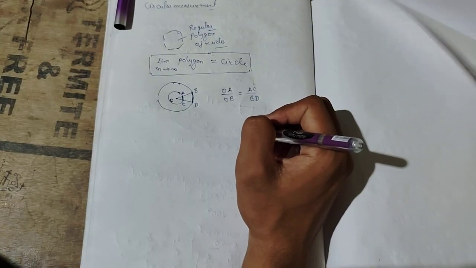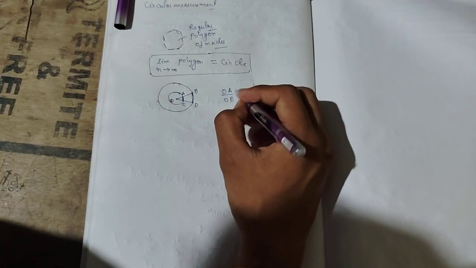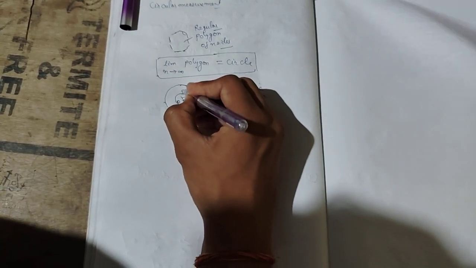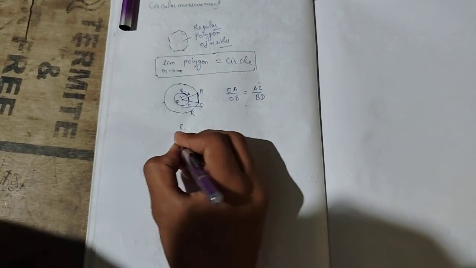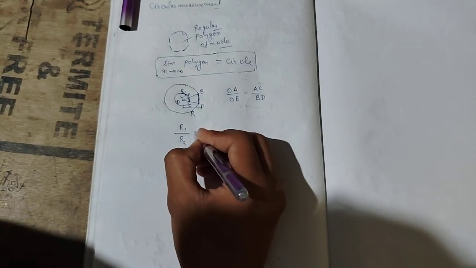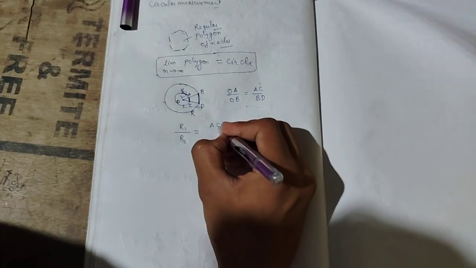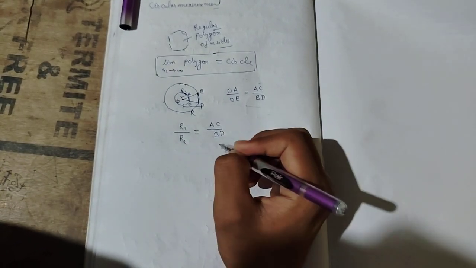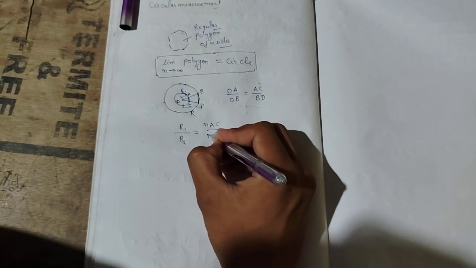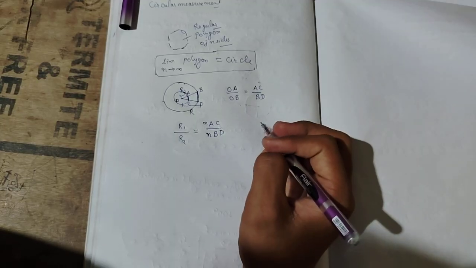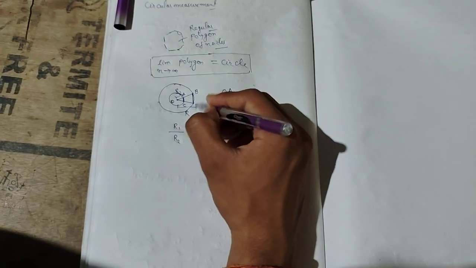Now we call OA R1 and OB R2, so R1 by R2 equals AC by BD. Now we can increase its sides by multiplying by n, and this is some part of the polygon.